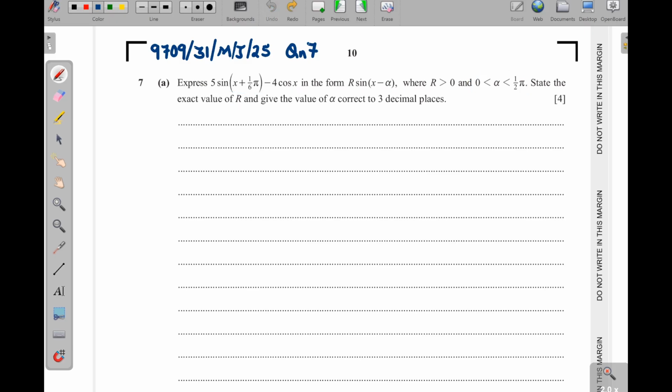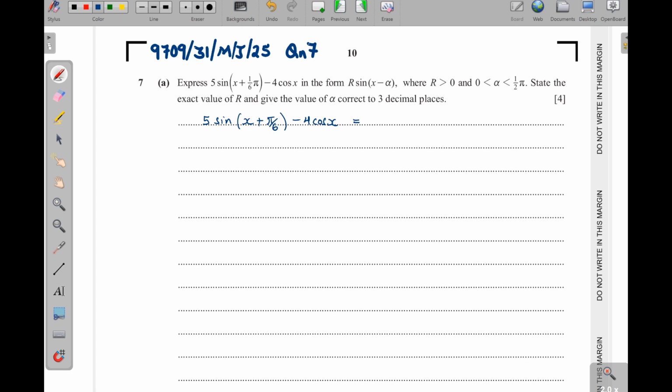The first thing we shall do is to expand this one using the compound angle formula. So we have 5, then sine of (x plus pi over 6), then minus 4 cosine of x.